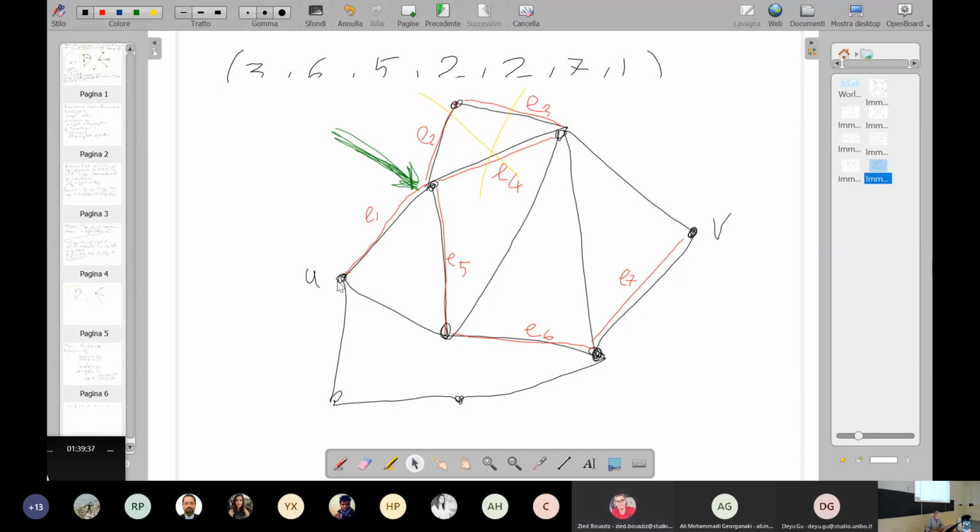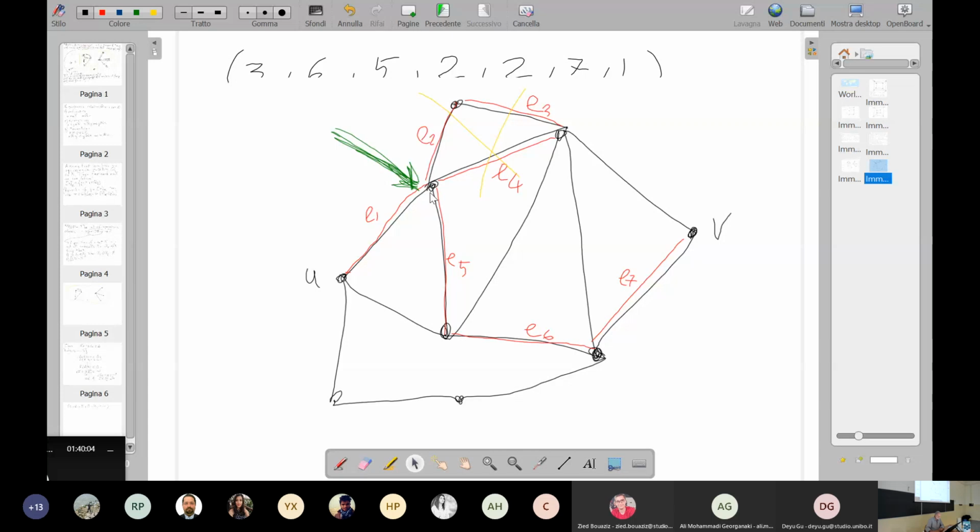I have this walk in this graph. U, E1, and I don't even give a name here, but this vertex, E2, this vertex, E3, this vertex, E4, this vertex, E5, this vertex, E6, this vertex, finally E7, and I reach V, which is this vertex. And so this is a walk, but it is not a path. Why?